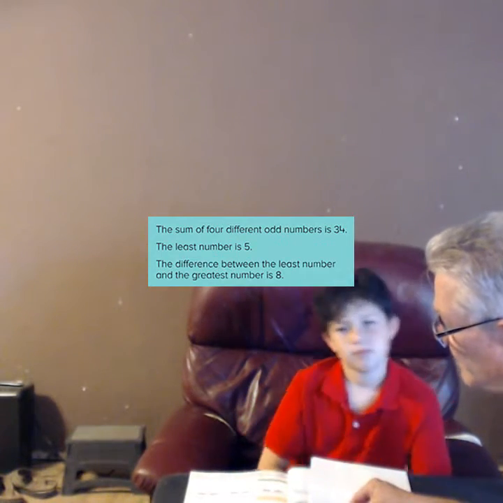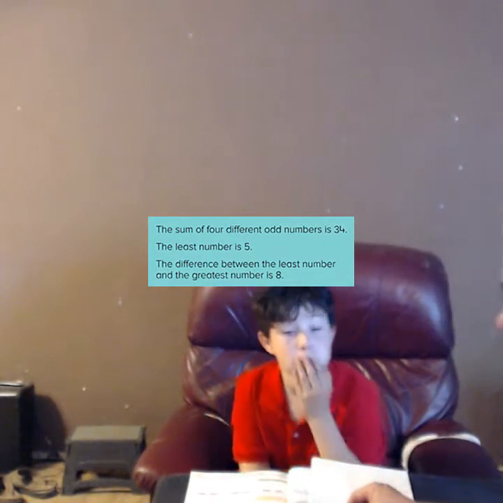Oh, right, so the difference between that 5 and whatever the biggest number is 8. So what does that tell you? So another number is 5. The greatest number is number 8. It says the difference between the least number and the greatest number is 8.